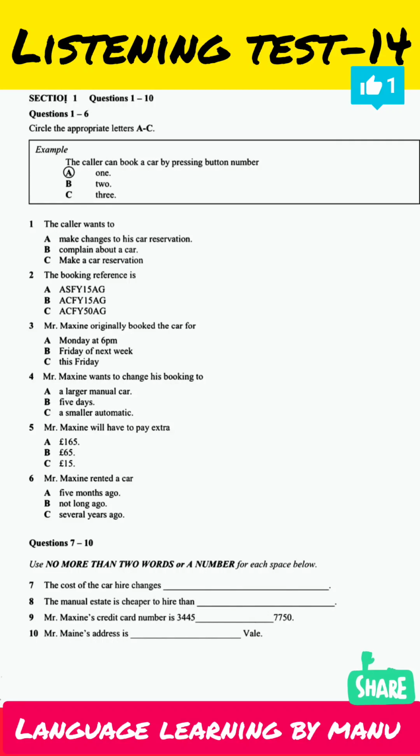Section 1. You are going to listen to a conversation between two people, a customer and a representative of a company which rents cars. There are 3 alternative answers, A, B, and C, for each question. Decide which alternative is the most suitable answer and circle the appropriate letter.